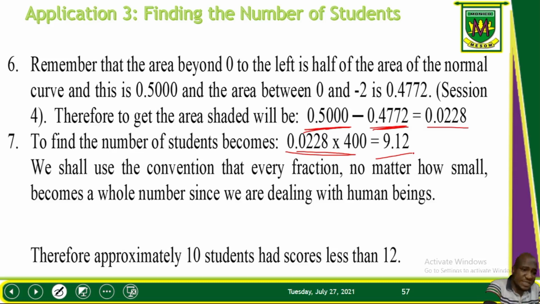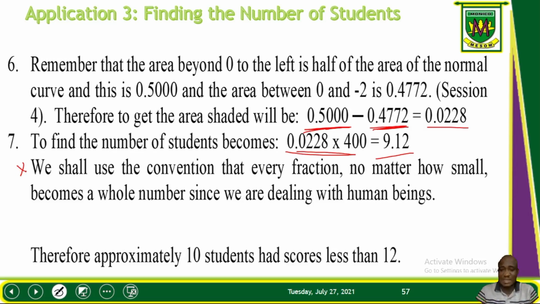So let's take note of this. We shall use the convention that every fraction, no matter how small, becomes a whole number, since we are dealing with human beings. So anytime you are searching for the total number of human beings, and you get your answer in decimal, no matter what, you should convert it to a whole number.